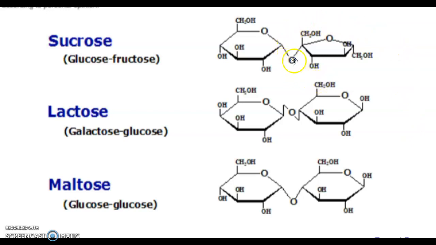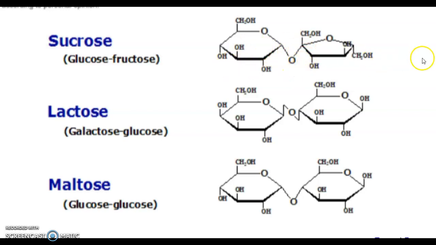Okay, by adding water here, we can restore the two original OH groups on either side of these monomers, and this oxygen bond would be broken. Same thing for lactose, same thing for maltose, that each of these joining points right here can be broken apart by adding in water, which will allow the OH groups to be replenished on each of the individual molecules.